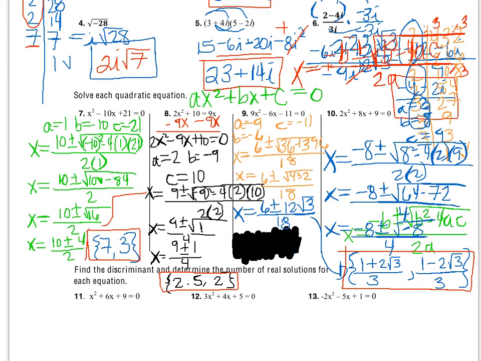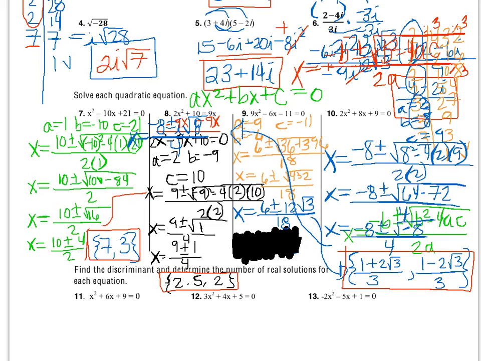Now I have a negative inside of the radical, so to make that positive, I just need to take out the imaginary number, the I. So my answer becomes, and I'm already out of room, I'm going to start it over here. So my answer becomes X is equal to negative 8 plus or minus I square roots of 8 over 4.